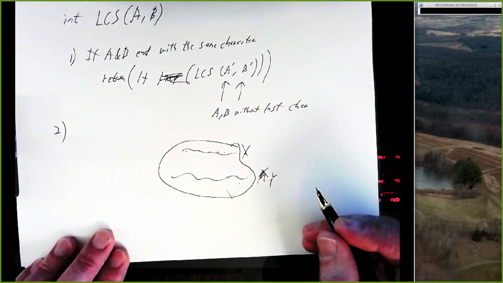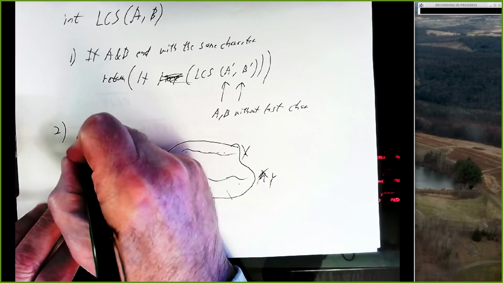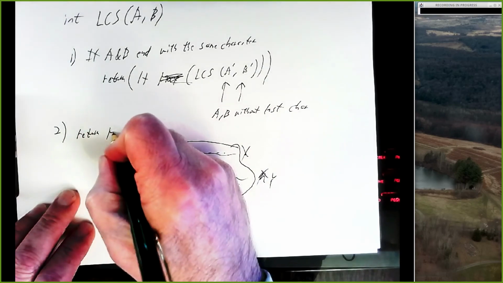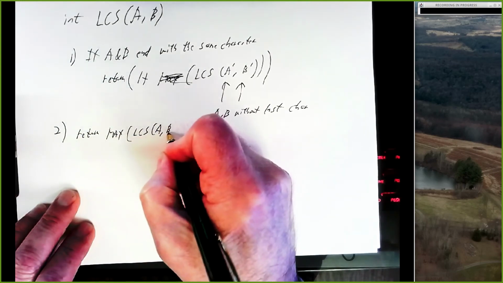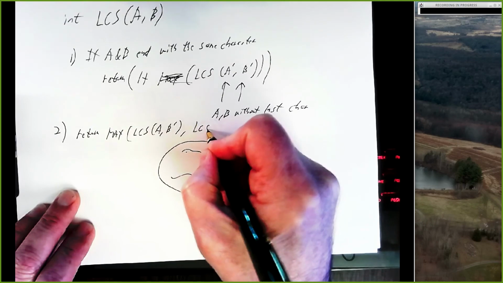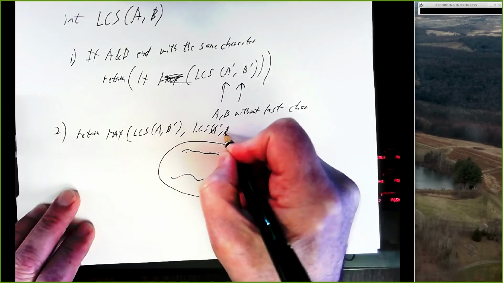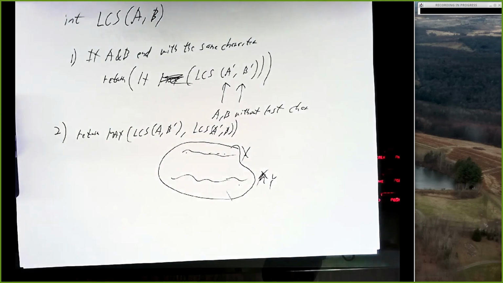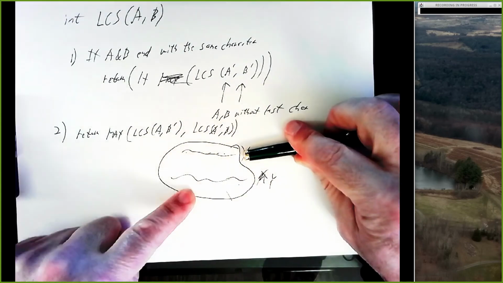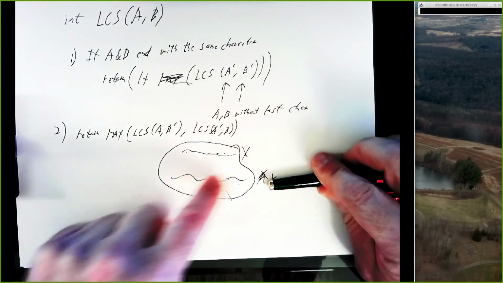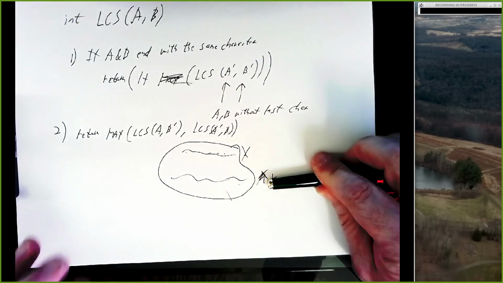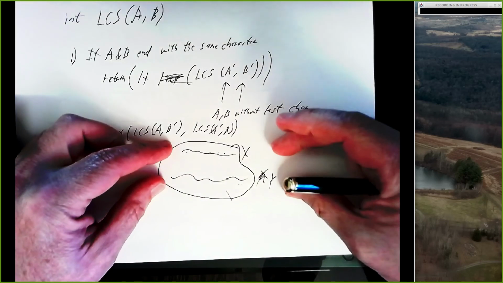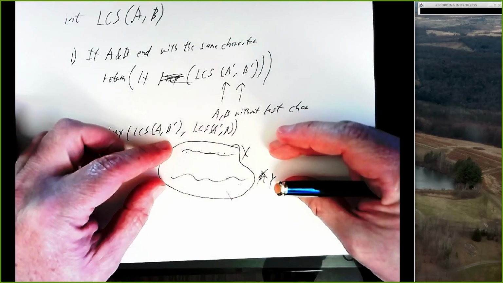So in this case, we're going to return the largest of the longest common substring of A and truncated B, or the longest common substring of truncated A and B. In other words, find the longest common substring of this, and find the longest common substring of this original string and this. And whichever one of those is longest, that's the length of the longest common substring between these two strings.